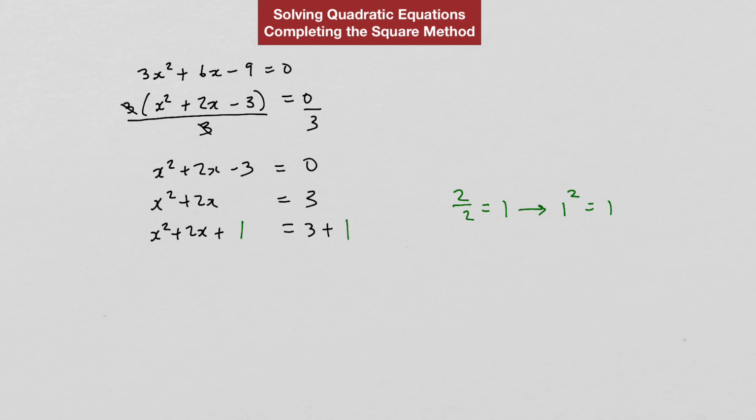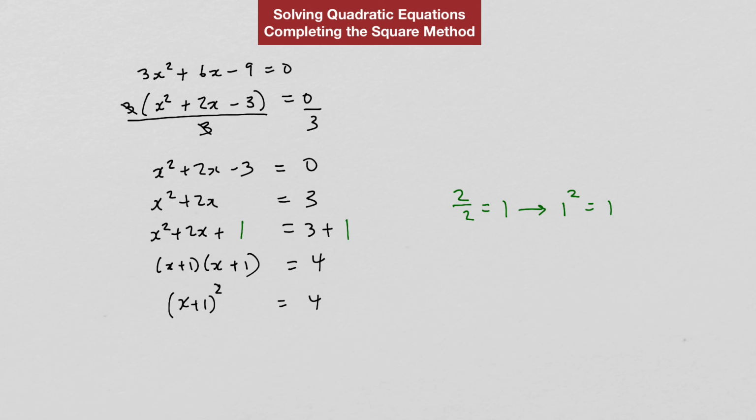Simplifying this, we get x plus 1 times x plus 1, right, when we factor it, and this side is equal to 4. This then becomes (x plus 1) squared. That is equal to 4.